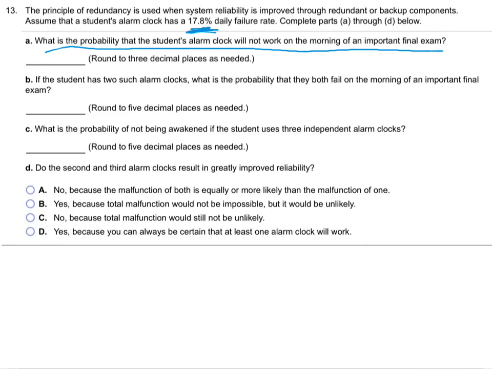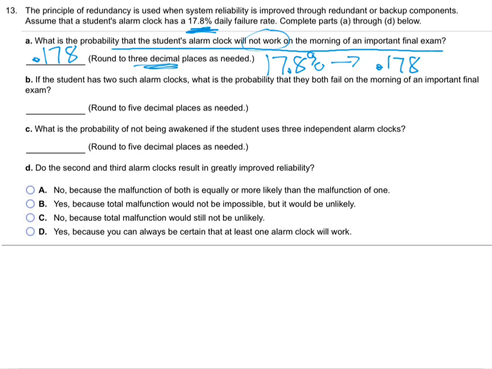So what's the chance that it will not work? Well, 17.8%. Do they want percent? Oh, they want decimal, huh? So I've got to change the 17.8% to a decimal. When I change that to a decimal, it goes back 2 places, doesn't it? So this would be 0.178. That's the chance it's going to fail.